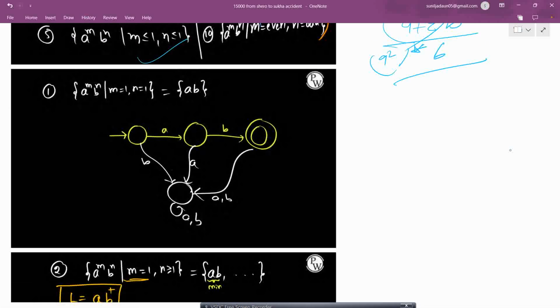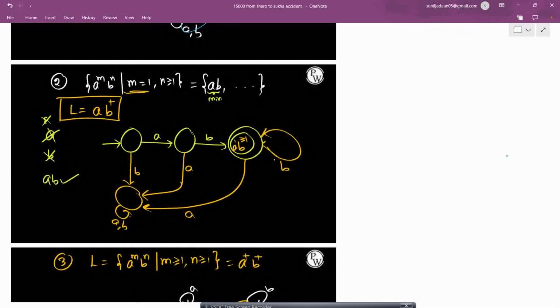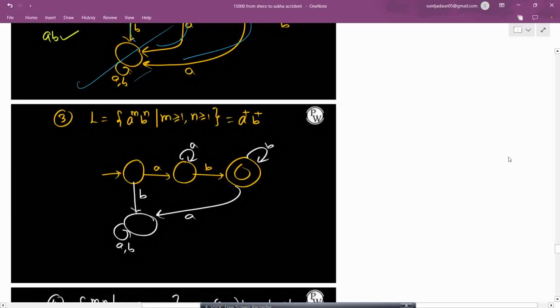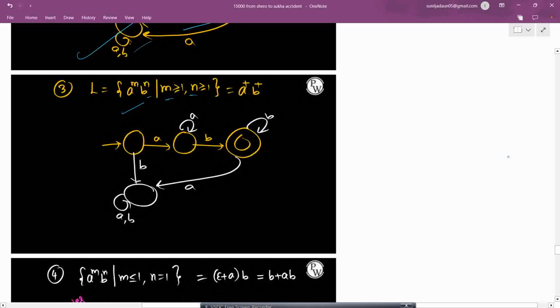a, b. If it is here from here, steady state, yes, this is correct. Now what we will do is a to the power n, and m is equal to a. If it is b here, do steady state after a, b, here n is equal to 1, b, yeah, this is correct. m is equal to 1, n greater than 1, a plus b plus, a is followed by b. a will never come after b and b will never come before a.